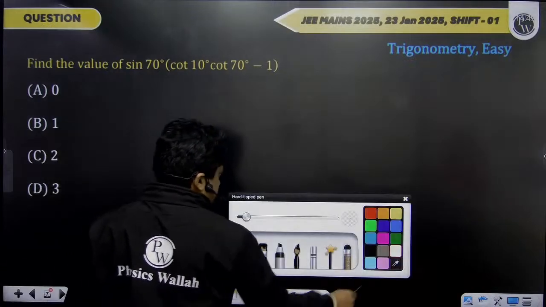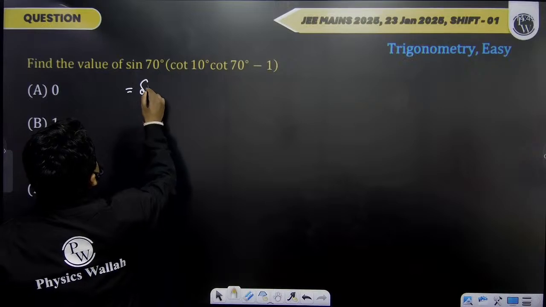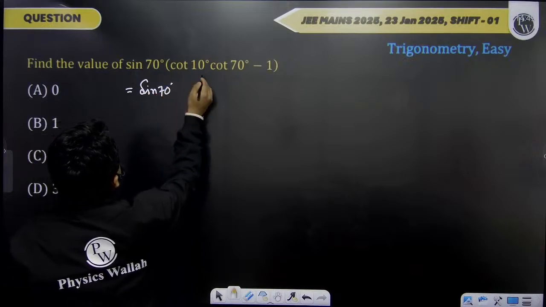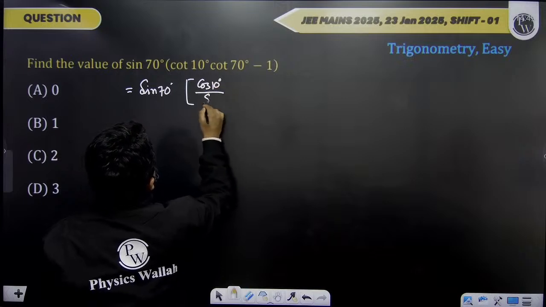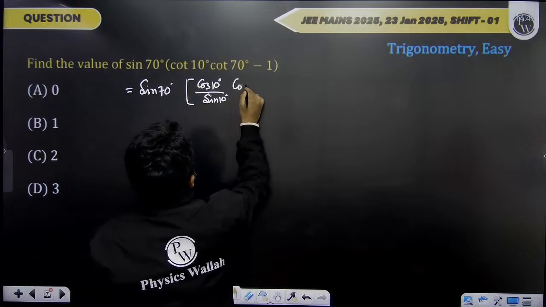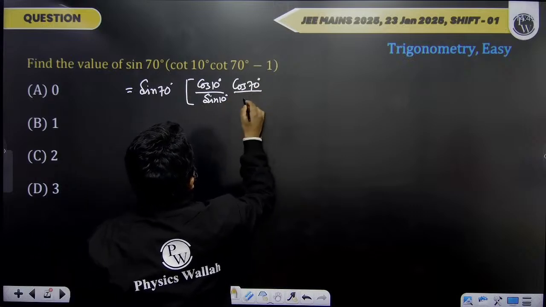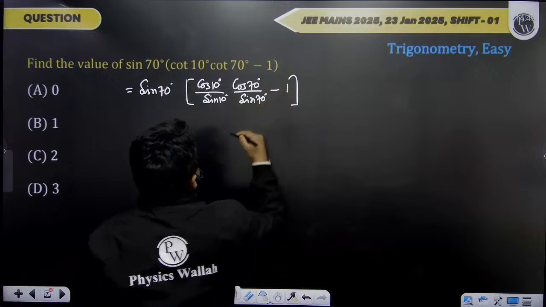So in this question we can write that sine 70 cot 10 means cos 10 degree by sine 10 degree, into cot 70 means cos 70 by sine 70, minus 1, right?